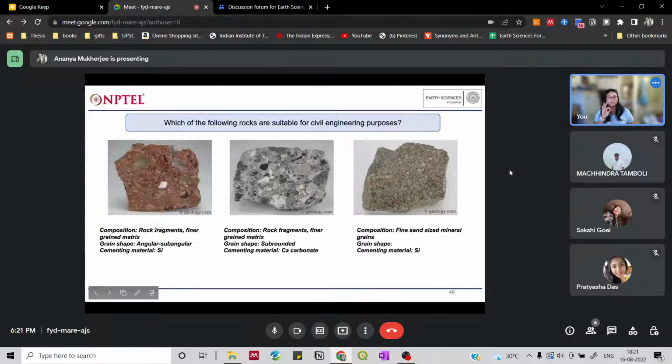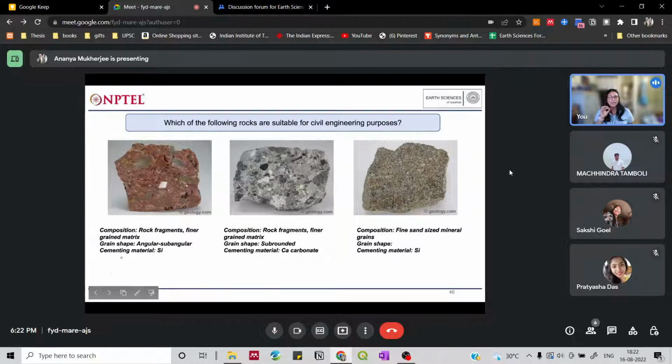Now when you see this composition, you can very easily say that this is a heterogeneous rock, because you see the rock fragments, and the composition of the sediments are two different ones. Then you see the grain shape, it is angular to subangular. Since it is angular and subangular, if pressure is applied to this rock, suppose it's being used as a foundation stone, and there is something built on top, with pressure the angular grains might arrange themselves in a way that the pore spaces get minimized and it can hold the pressure.